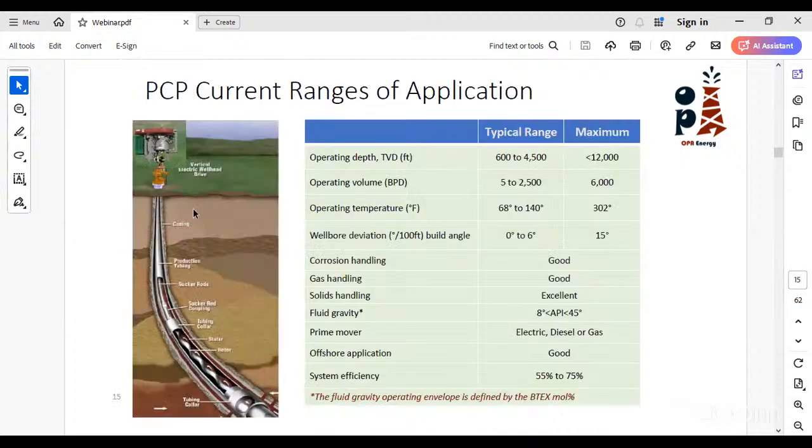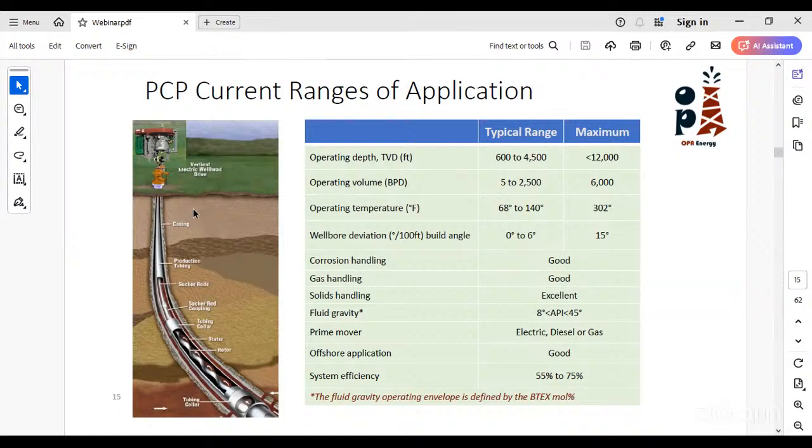So what would you tell me about the best applications of PCP, or the different ranges compared to the ESP that you recommend using? Let's have a quick look at this table. The typical range for operating depths is from 600 feet to 4,500 feet. For the volume, we can produce up to 2,500 barrels per day, and in some cases, with special equipment, we can reach 6,000 barrels per day.